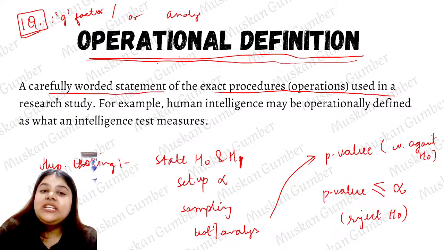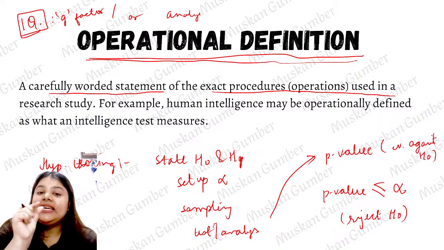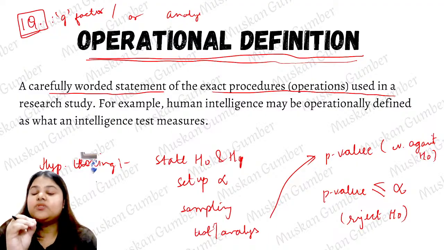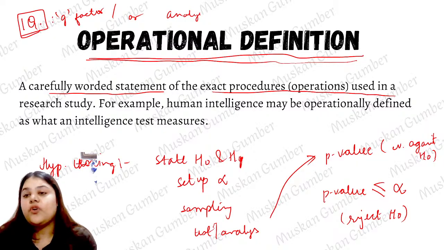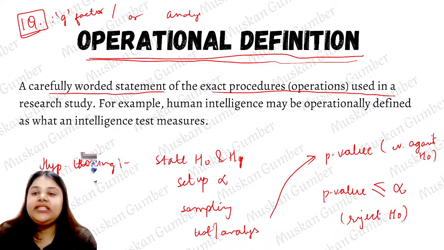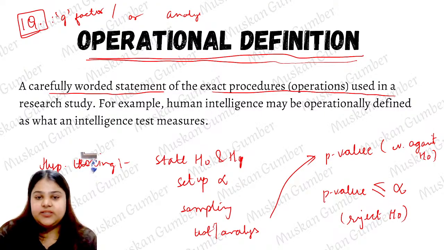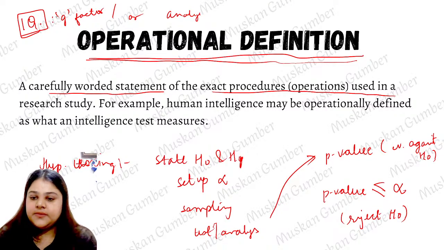So we need to carefully mention the procedure and the test we will be using, and what intelligence is for me. It is how I am measuring intelligence in my particular study, and that is what operationalization is. Clear everyone? What is operationalization? Should we move ahead?